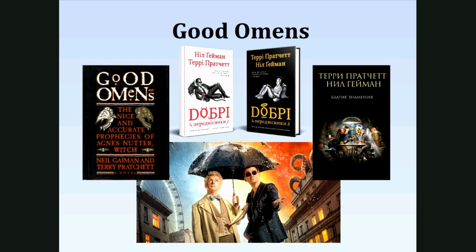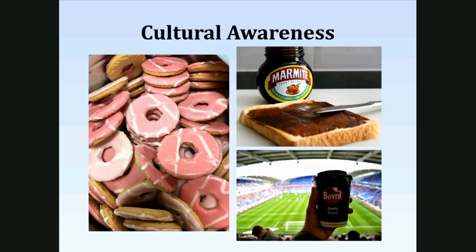There are also representatives of other countries in the book, but it's mostly, for example, on this slide we can see biscuits, but there's the whole bit in Good Omens in which there's Sister Mary, I hope you remember, who thinks that the guy is American, although he is actually British.